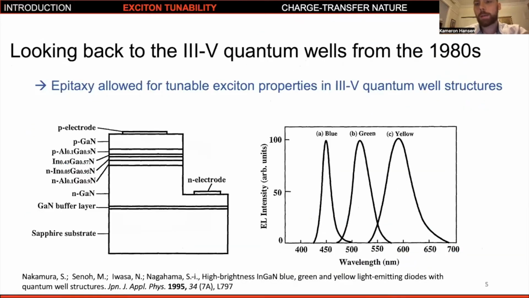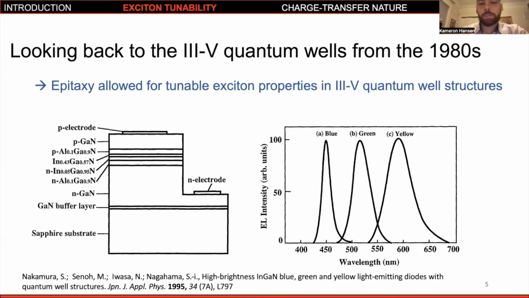So jumping into the first story, I again want to frame this in the context of 3-5 quantum wells of the past, where it really was advancements in the molecular beam epitaxy, the way that these materials are made, that allowed for fine-tuning the exciton properties and led to their successes in industry as electro-optic modulators, LEDs, lasers, and so on.